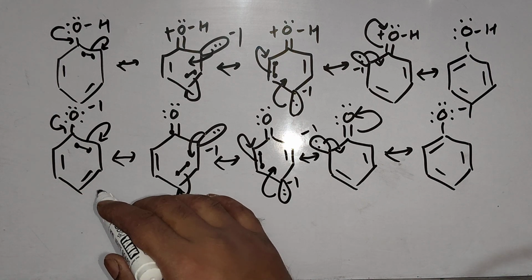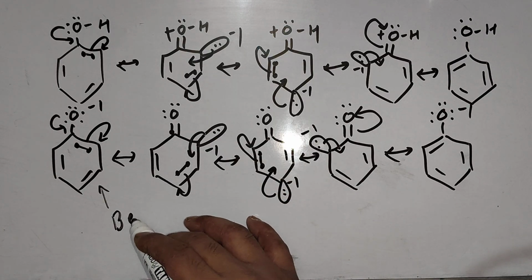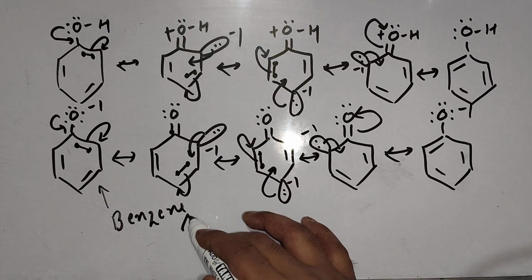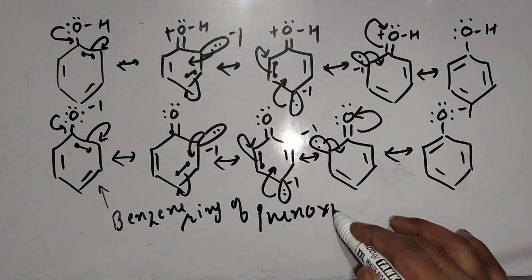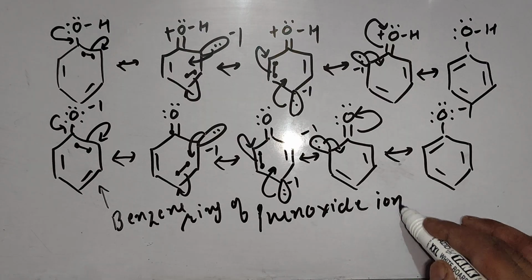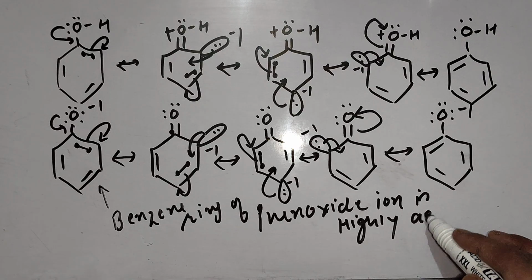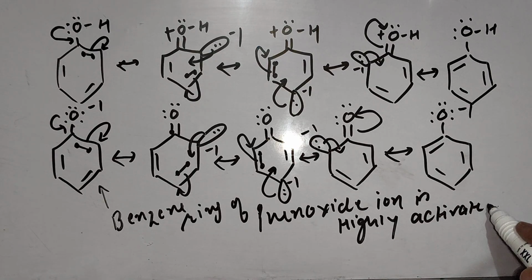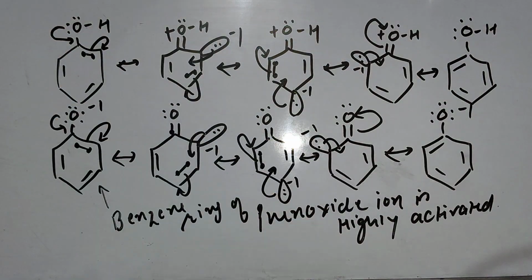That's why the benzene ring of phenoxide ion is highly activated as compared to the benzene ring of phenol. Again, I am repeating, what is the reason? Okay, first, activated for what? Highly activated for electrophilic attack.